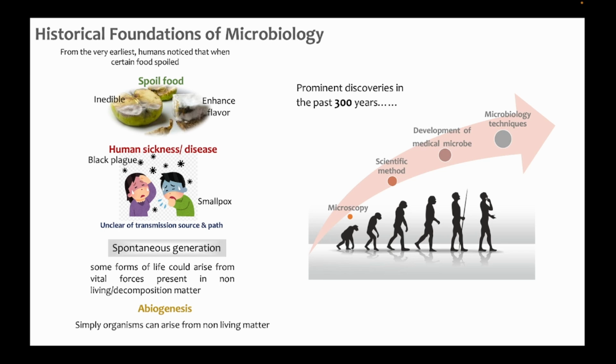So this was before the 1700s, and there wasn't any microscope for people to see the microbes, so they didn't consider that it could have been transferred from other places, but they thought that it's spontaneously generated.